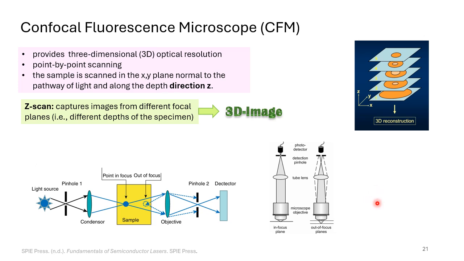It focuses on a very small region of the sample, and it only gets the information from that focus region, and after combining all these points together, it creates a highly informative 3D image of the sample.